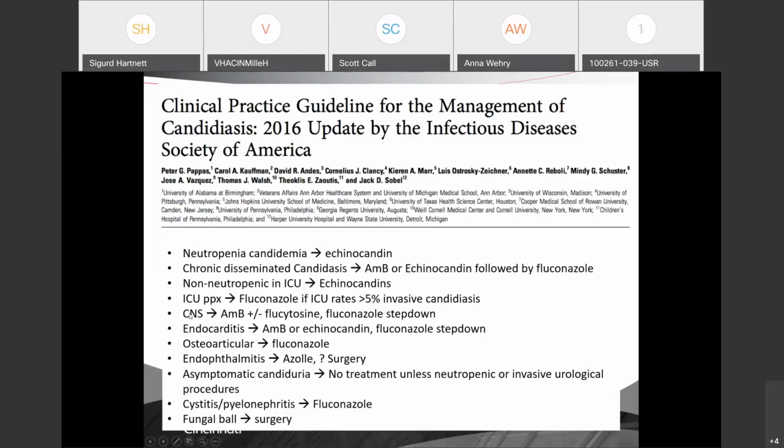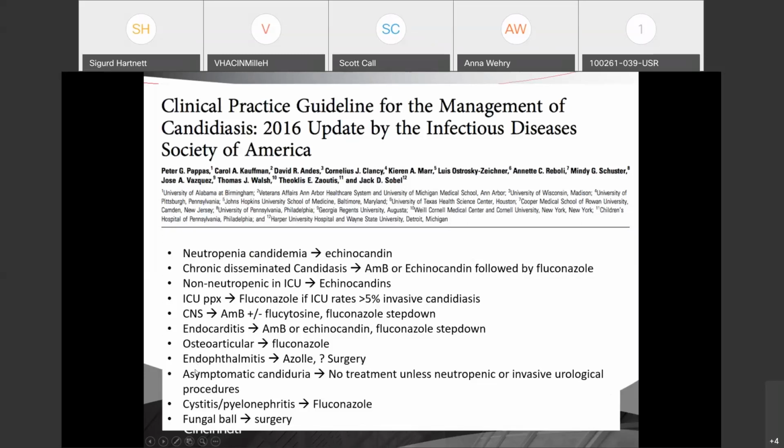CNS disease: remember I said echinocandins do not get into the CNS, so for all CNS disease you need amphotericin plus or minus flucytosine and then fluconazole for step down. Endocarditis, they recommend amphotericin or an echinocandin with fluconazole step down. Osteoarticular, fluconazole. Endophthalmitis is an azole plus or minus surgery.